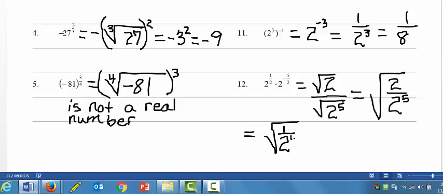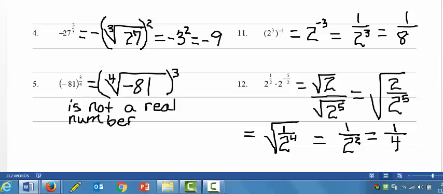So that 2 in the numerator divides out with one of the 2's in the denominator, leaving me 4 2's in the denominator. So this is the square root of 1 over 2 to the 4th, which is 1 over 2 squared, which is 1 over 4.